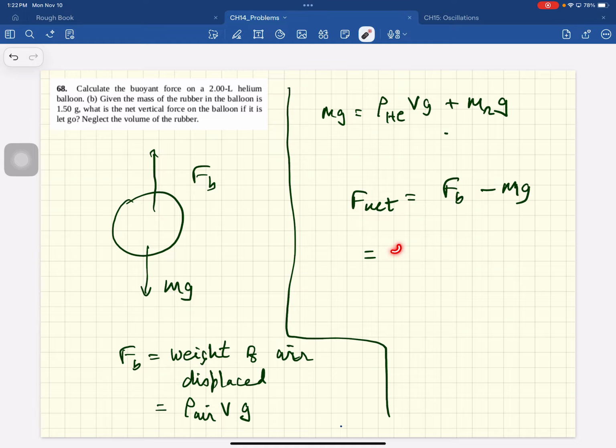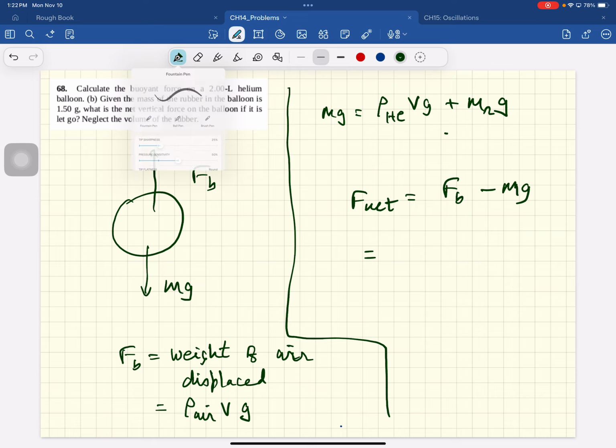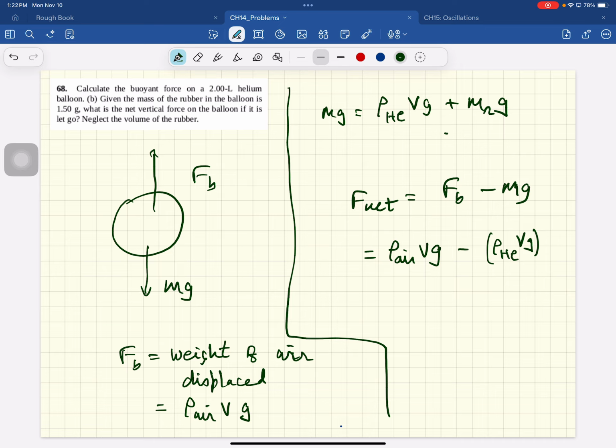Okay, the buoyant force is density of air times volume times g minus density of helium times volume times g plus mass of rubber times g.